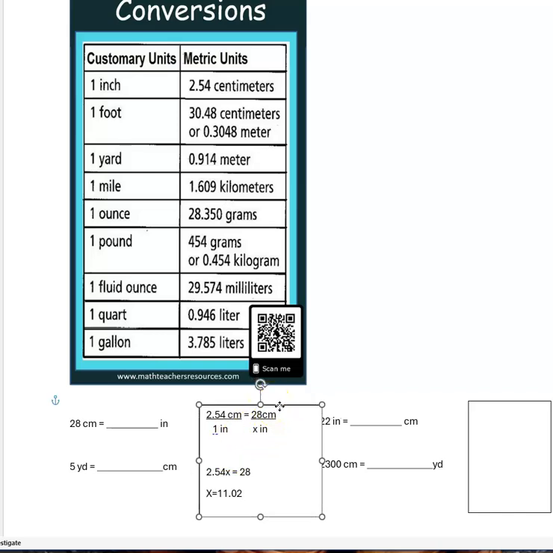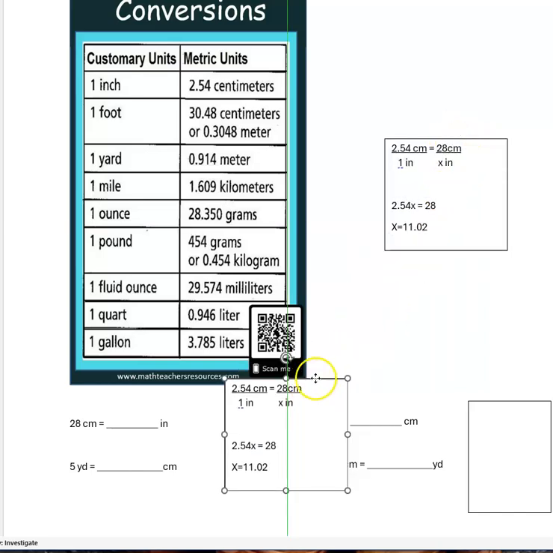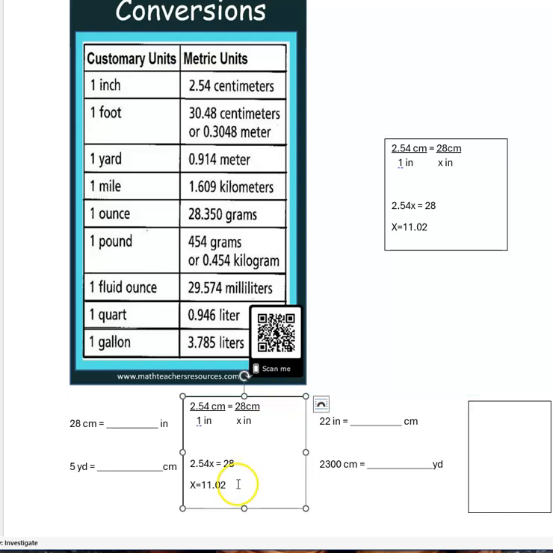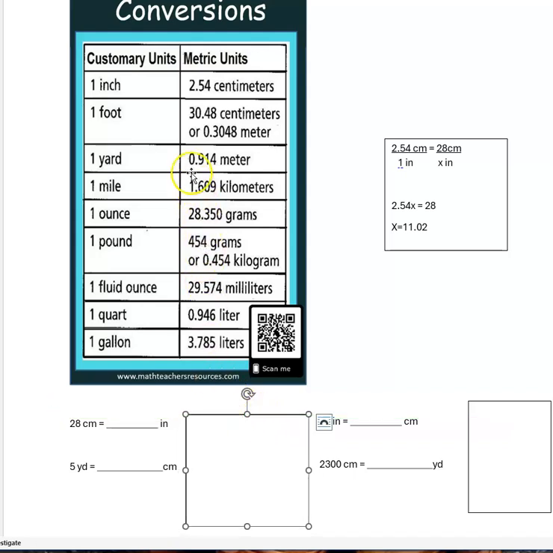Okay, now I guess what I'll do is move this over here and put in another one, but get rid of that work. We'll try the bottom one. 5 yards equals blank centimeters. Well, we've got here yards equals meters. So we're going to do that first. We're going to do yards into meters.